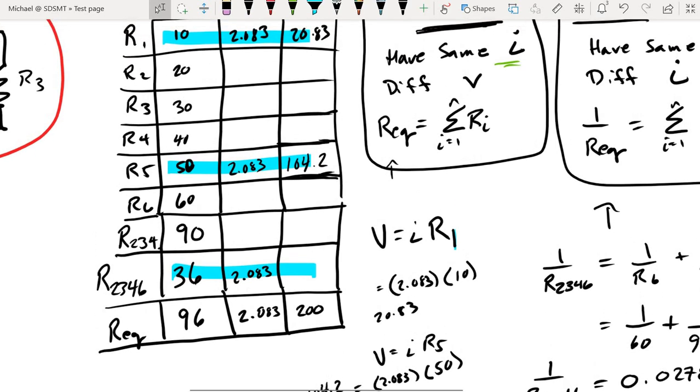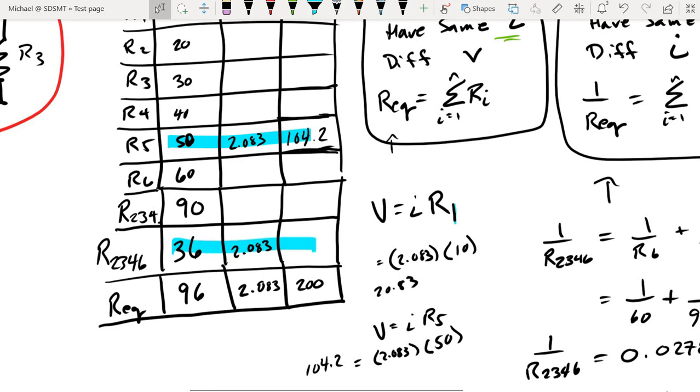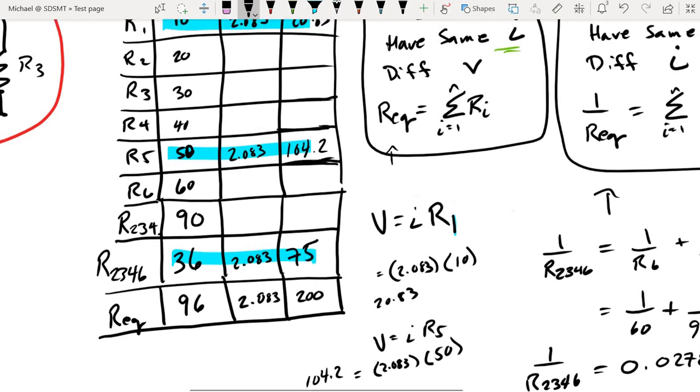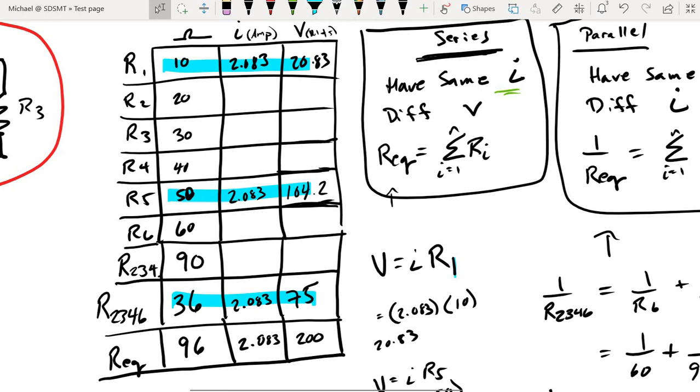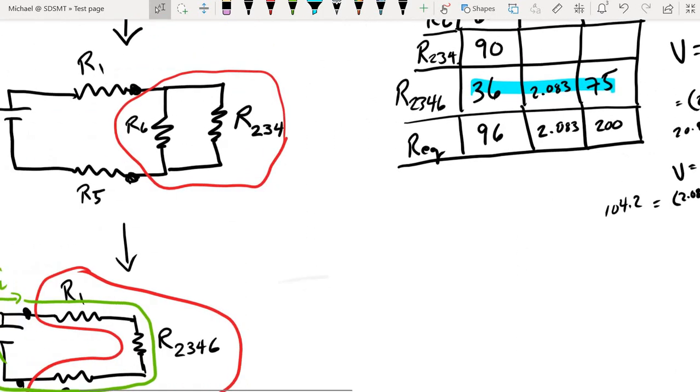And then the last one is the potential for resistor 2346, and I think you see the pattern here. We're going to take the current times the resistance value of 36, and that's going to give us, I'm going to round this up to 75. Now it's at this point that I have all the information about resistor 1, resistor 5, and resistor 2, 3, 4, 6.